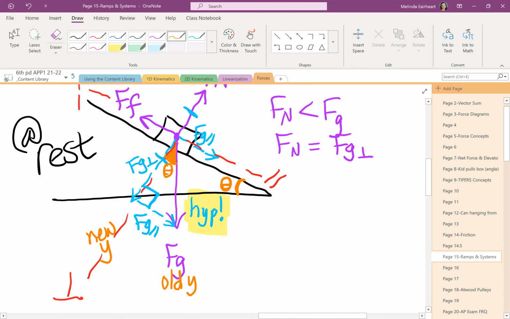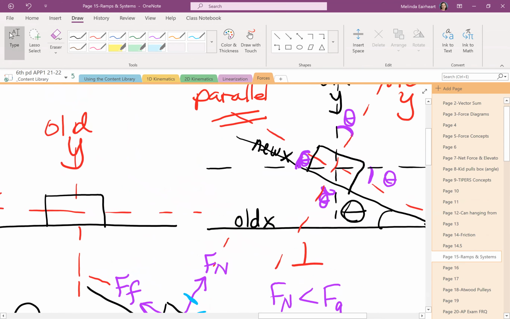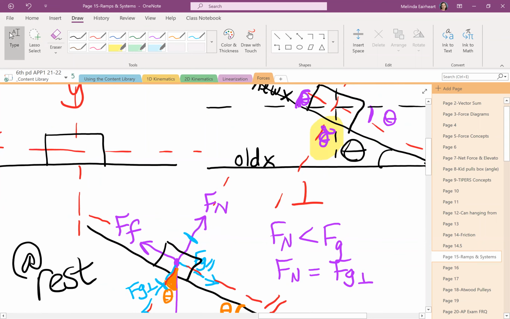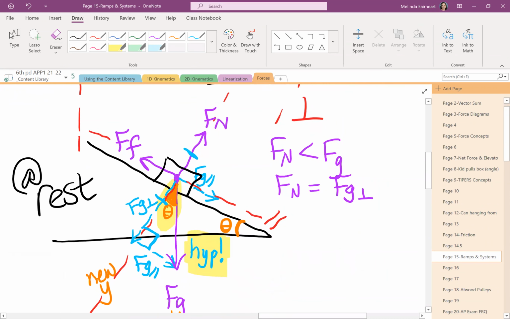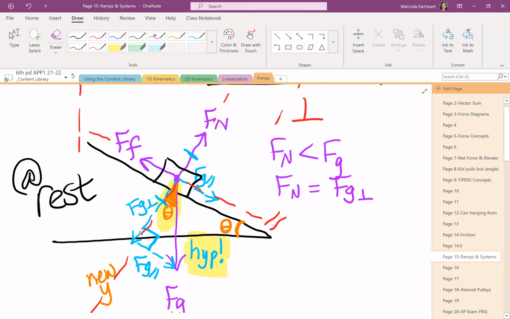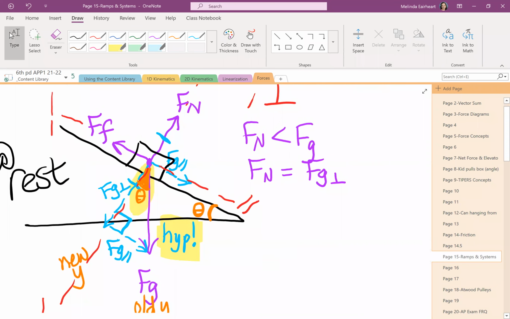And if you want to go back and look up above at what we did here, it's this angle that we're identifying. That's the same angle. Do you love ramps yet? No. What happened to the good old days when your surface was flat?